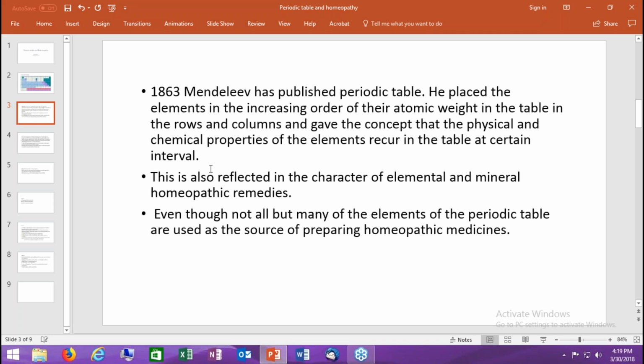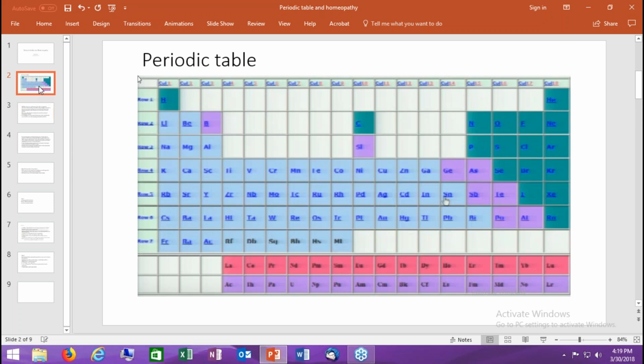All the elements we find in the periodic table are not used for preparing homeopathic medicine, but many of these elements are used.